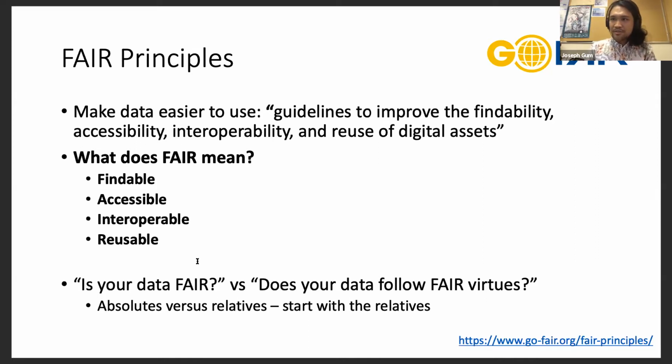And there's a bit of debate about absolutes versus relatives. Is your data FAIR? There's a long, long checklist of what FAIR means. There are like 50 or 60 points, and really nobody can hit all of these points.